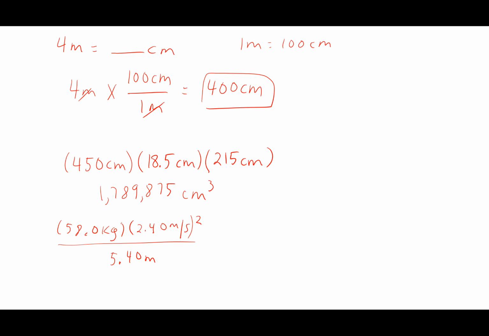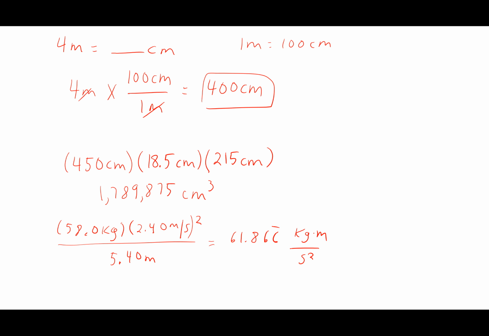Okay? So now we're going to have to figure out how to simplify this, okay? So when you multiply all this out, you're going to end up with 6.866, and it keeps going, kilograms, meters, second squared.